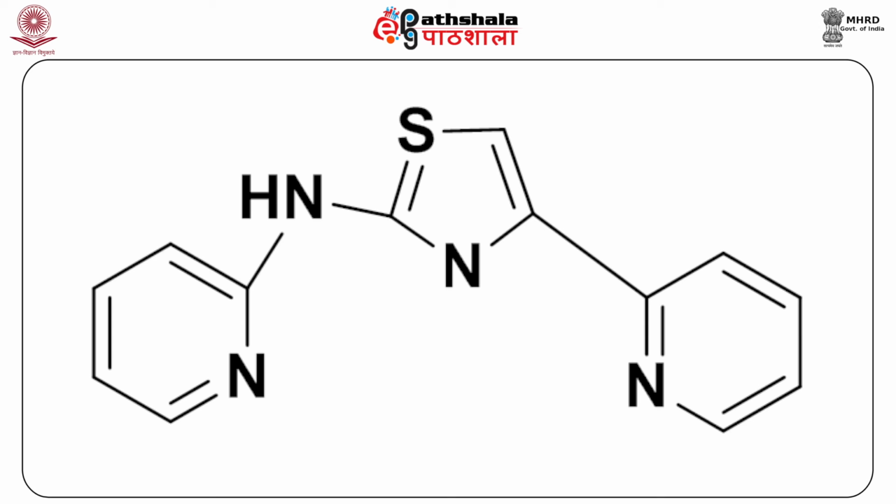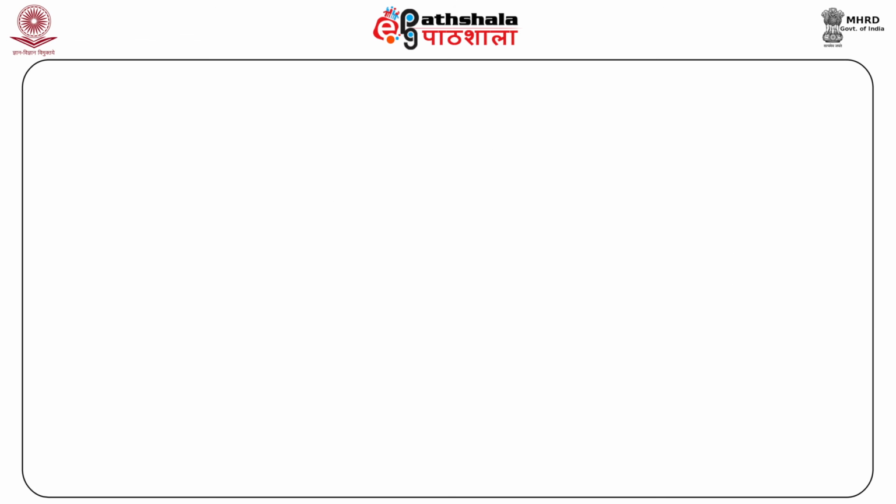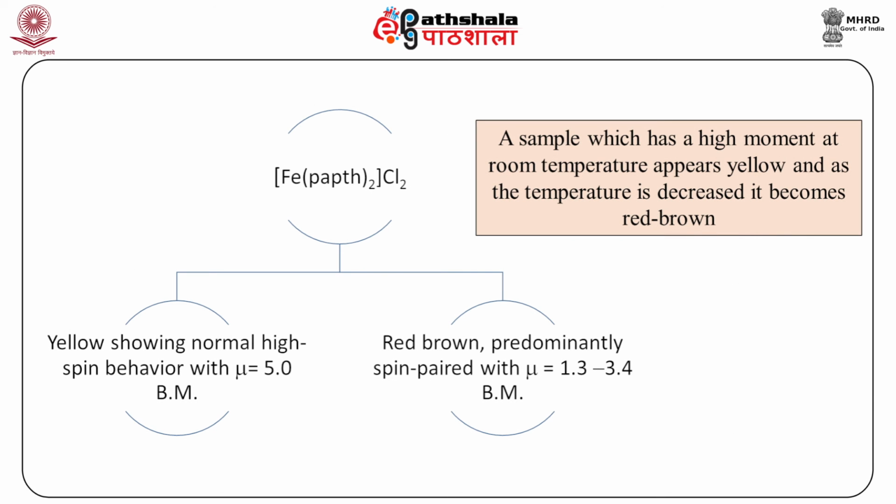Cobalt 2 plus and nickel 2 plus complexes of the same ligand have been found to be spin free. However, for iron 2 plus, there is a strong dependence on the anion and in some cases the degree of hydration. The chloride salt of the complex has two spin isomers. One is yellow, showing normal high spin behavior, and the other is red-brown, predominantly spin paired.